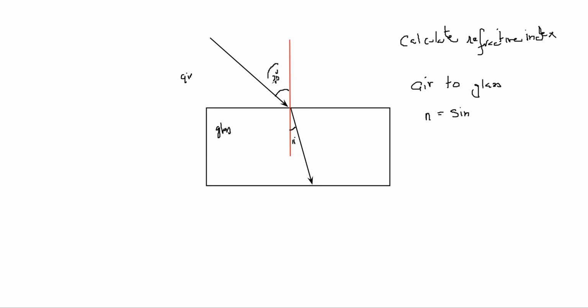The angle at which it hits. No, it's 20 degrees here. Angle of incidence is the angle between the normal and the incident.